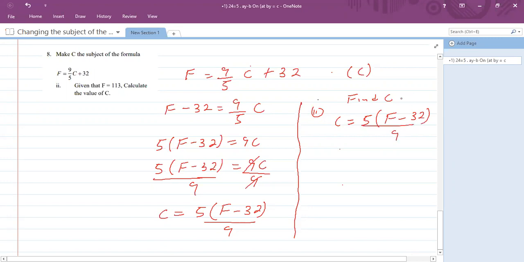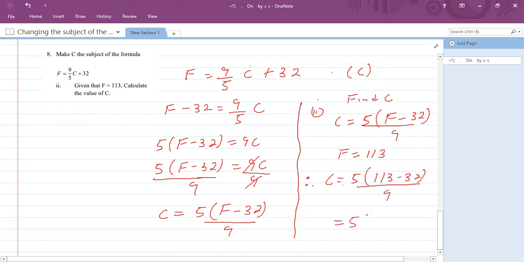Now remember that they say F is equal to 130. We say therefore C is equal to 5, open bracket, 113 minus 32 divided by 9.